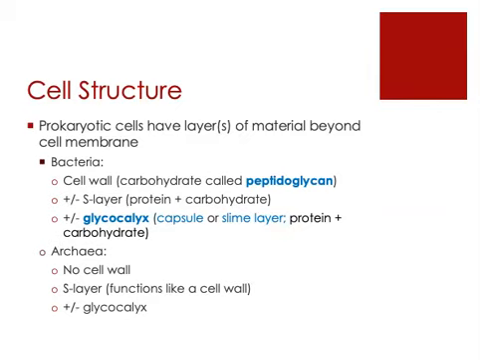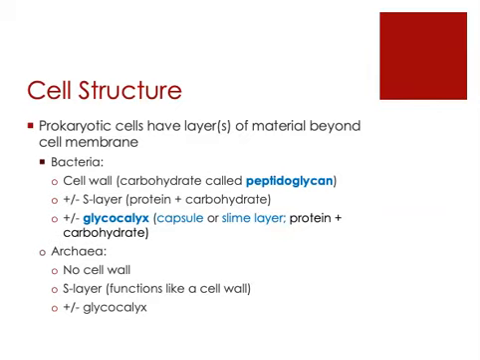So this is a repeating theme that we will see as we examine structures that are on the outside of the cell membrane, outside of the cell wall. The glycocalyx varies depending upon the species of bacteria that you're examining.